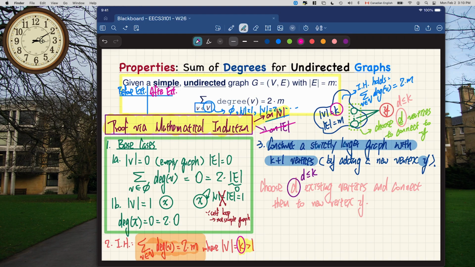Of course, the extension is about adding this y and up to d edges. All right, so let's now figure out the values for v and e. Before the extension, we know that v is exactly equal to k, right? And e will be just m.